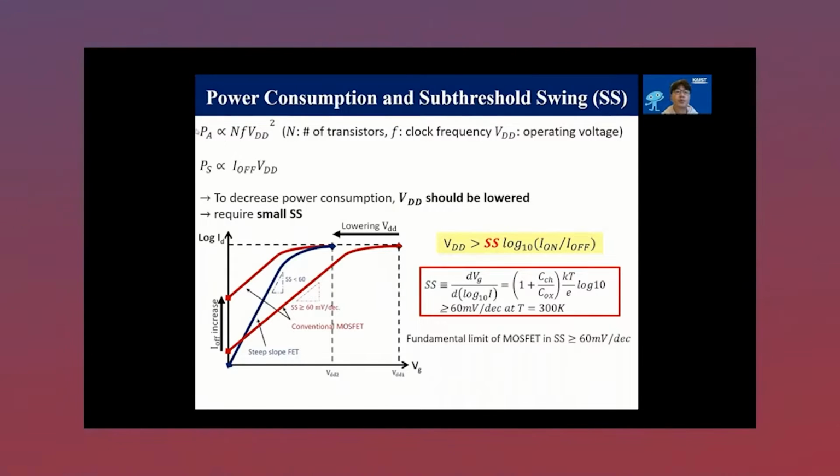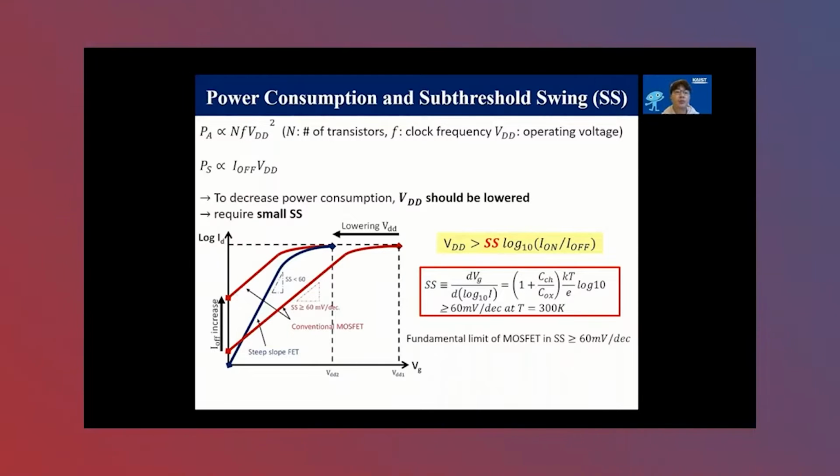To decrease both the active and standby power density, we need to decrease VDD, the operating voltage. However, for the same IV characteristics, if you just reduce the operating voltage, then the off-state current increases and standby power density increases.